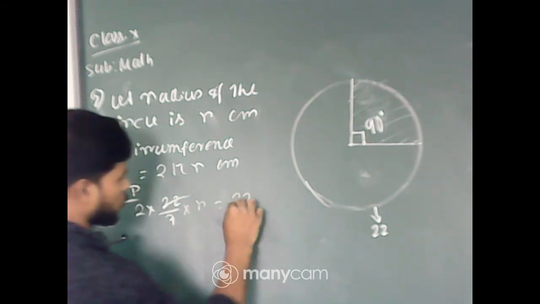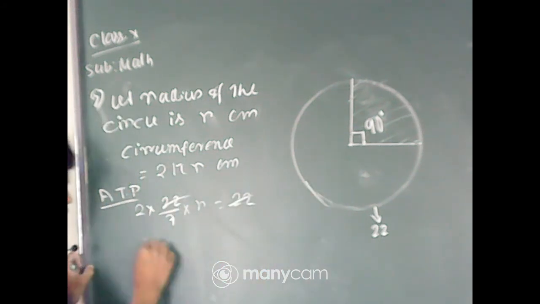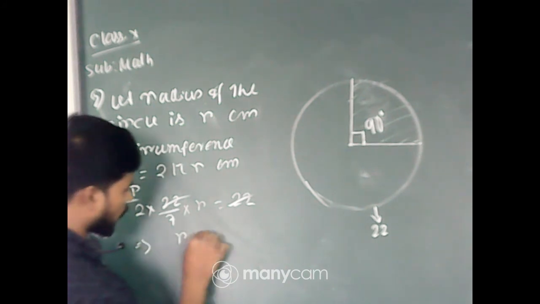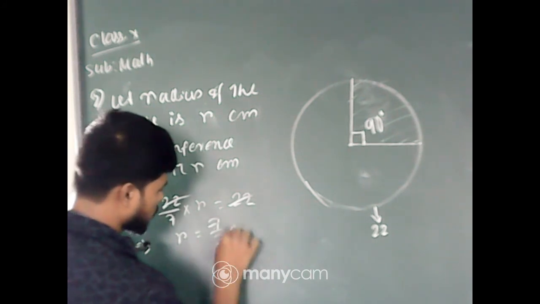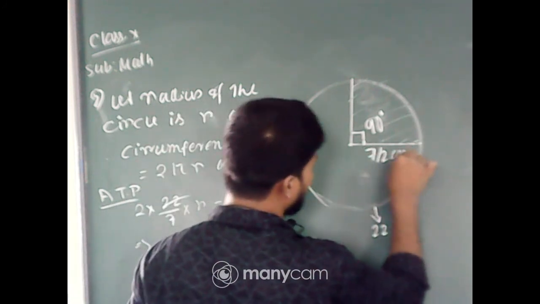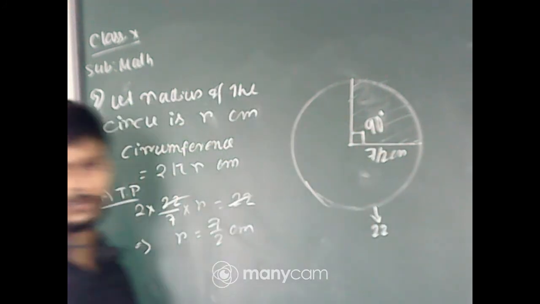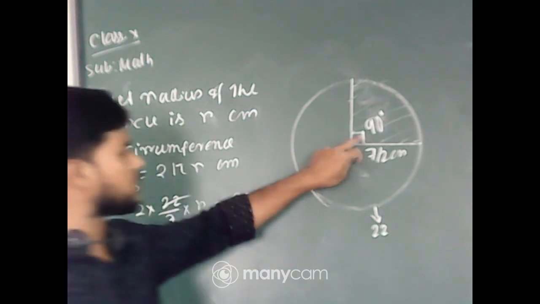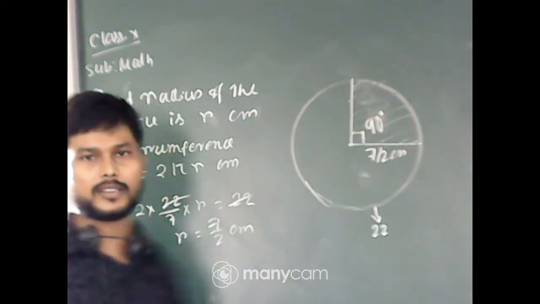So this 22 and this 22 will cancel each other. That means the value of r will be 7 by 2 centimeter. That means the radius is 7 by 2 centimeter and the central angle is 90 degree. So r is known, theta is known, we have to find the area of this quadrant.